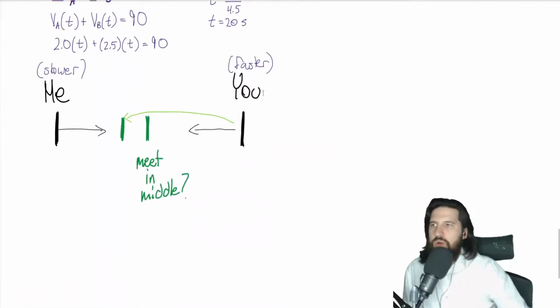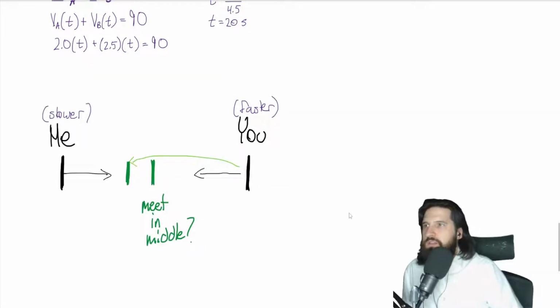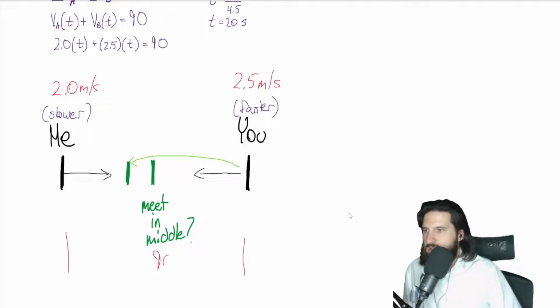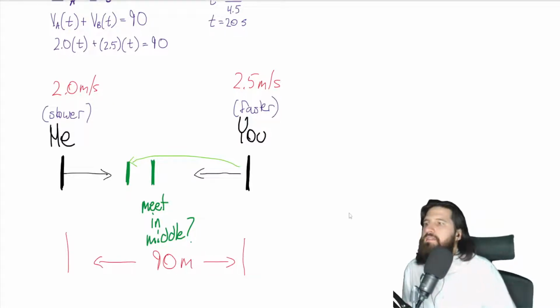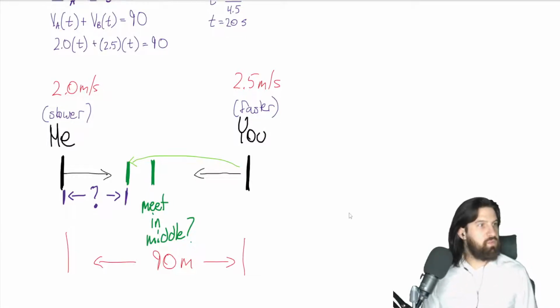So now you have this problem and this is 2.5 meters per second and this is 2 meters per second. And the full thing here is 90 meters. And then they ask us, what will this distance be? The distance between where you start, where I start, and we meet.